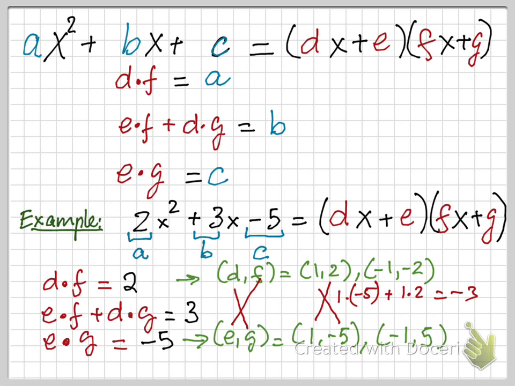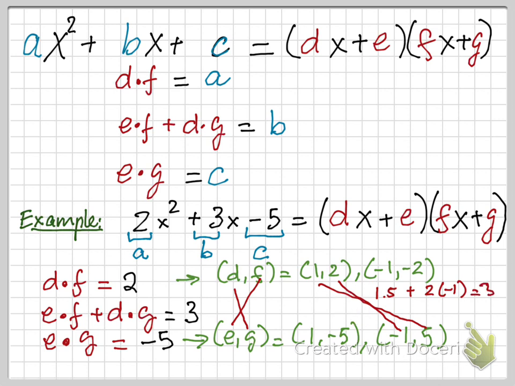But we see that, well, we're almost there. The sign is opposite, but the magnitude is the same, 3 and negative 3. So maybe we just need to switch the sign of one of the pairs, and that would work. Let's go to the next pair. I'm picking this pair and this pair.